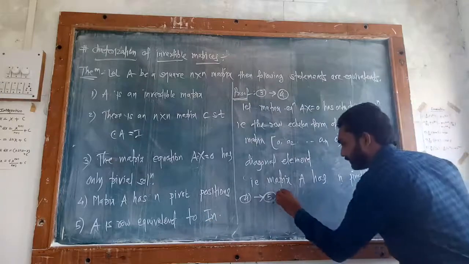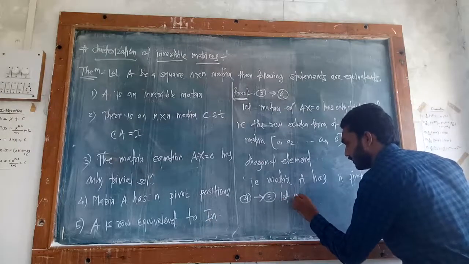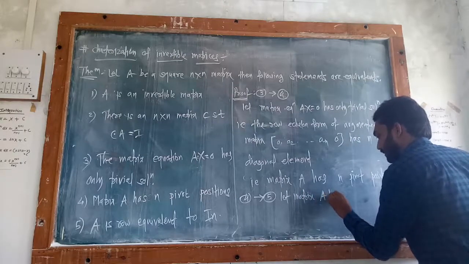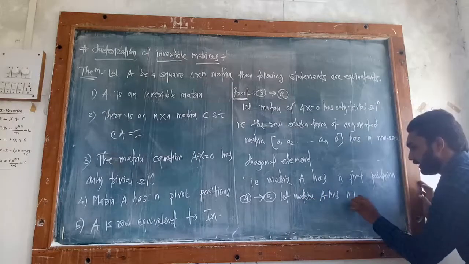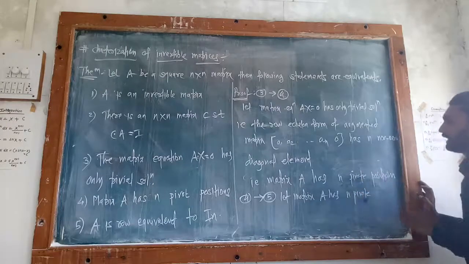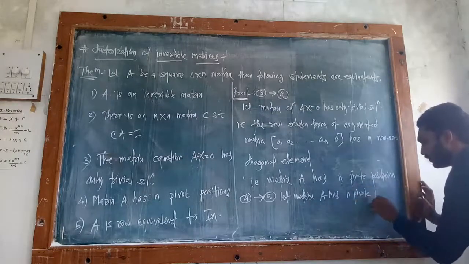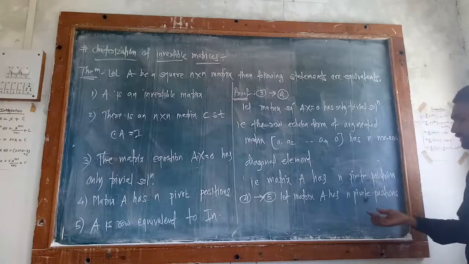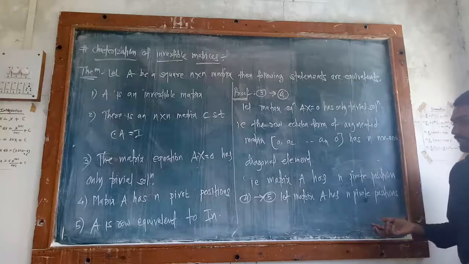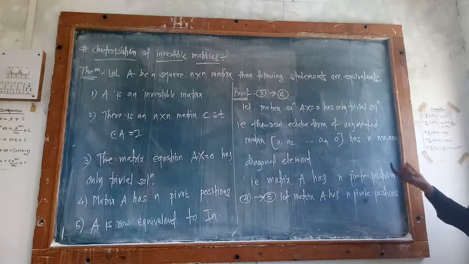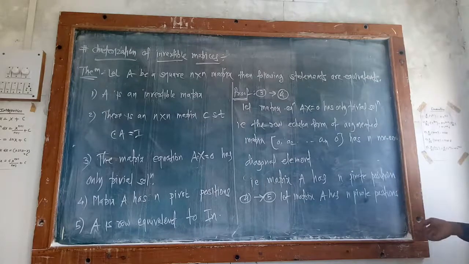Okay, so let matrix A have n pivot positions. What do we mean by n pivot positions? It means the augmented matrix has n non-zero diagonal elements, right?